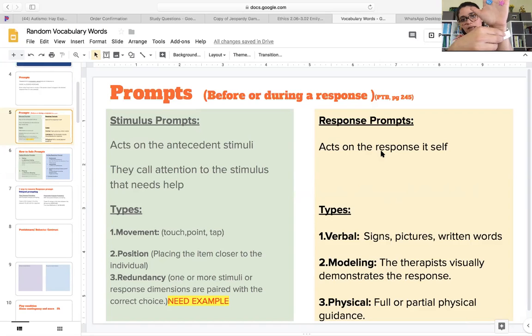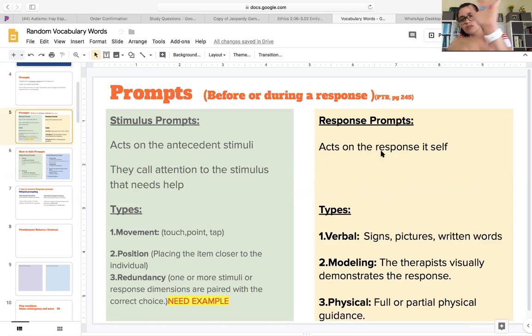That's exactly what they have to do, and then they do it. Boom. Oh my goodness, you did it. That is so fantastic. Do you want a new band? Is it called a band? I'm gonna get you a new one. And they're like, oh yes, that's the reinforcer I wanted. Okay? That's modeling response prompt.